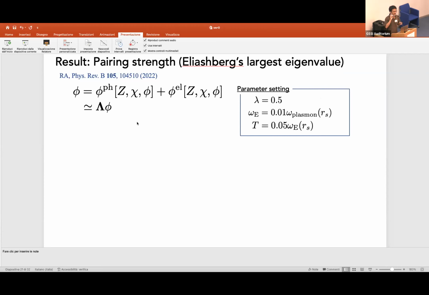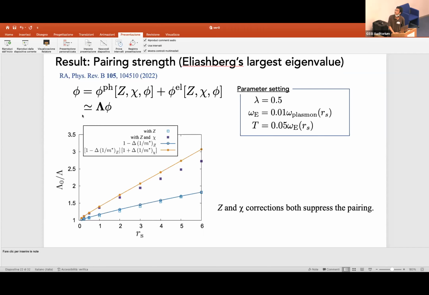In the high temperature limit, the eigenvalues are trivially 0. But as we come down to low temperature, the eigenvalues grow. When one of the eigenvalues reaches unity, it means that there is a self-consistent solution of this linear equation. So by estimating the largest eigenvalue, we can evaluate the strength of the pairing depending on the approximation. Now we are seeing the result.